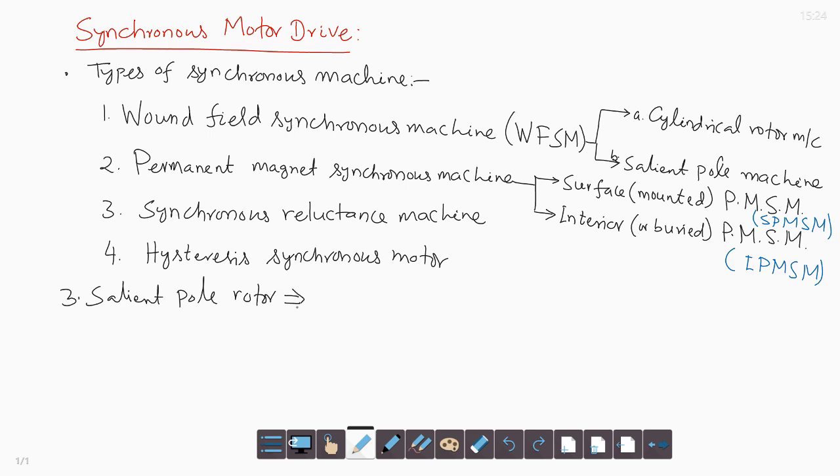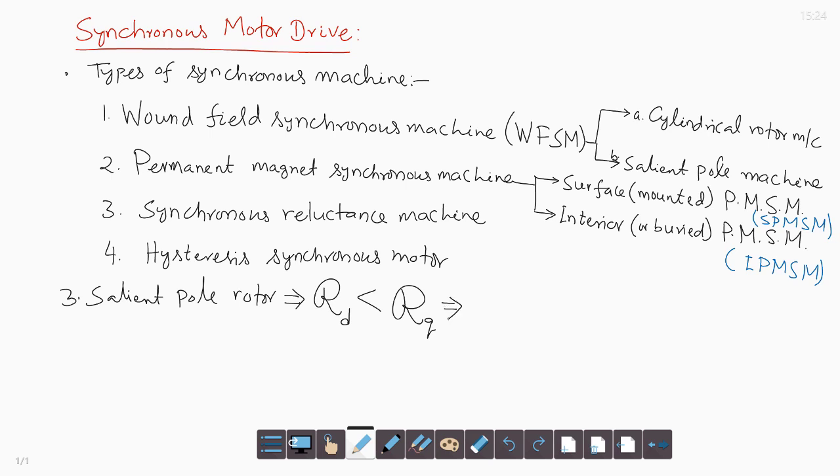So, it implies reluctance, let us write reluctance like this, R. Reluctance along the direct axis is less than reluctance along the quadrature axis. In the direct axis more iron path is there, so it offers least reluctance to the flux path.